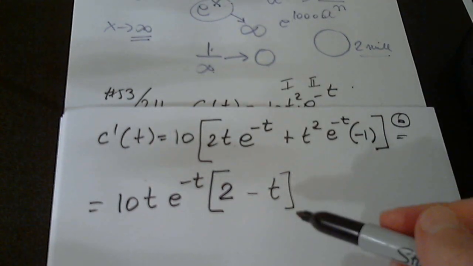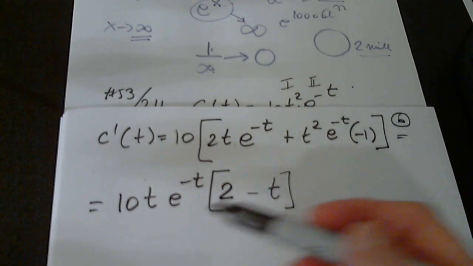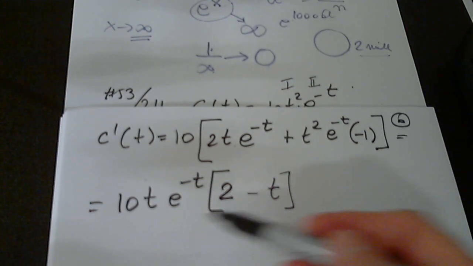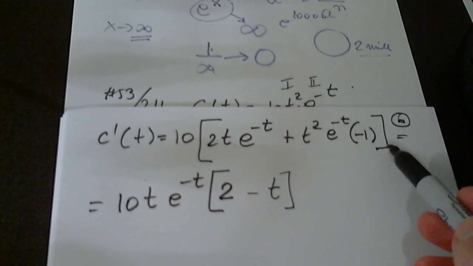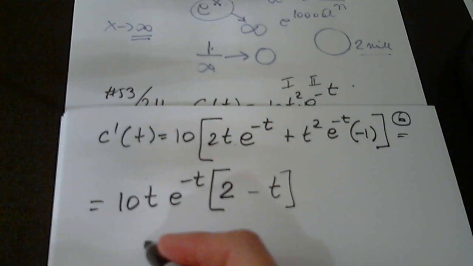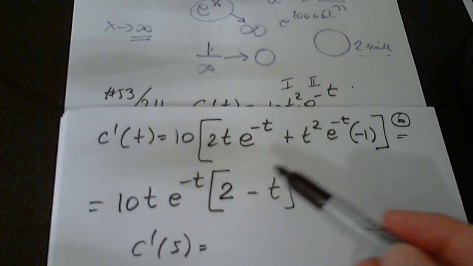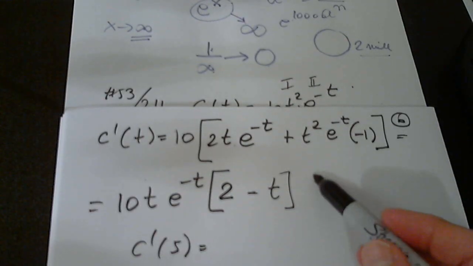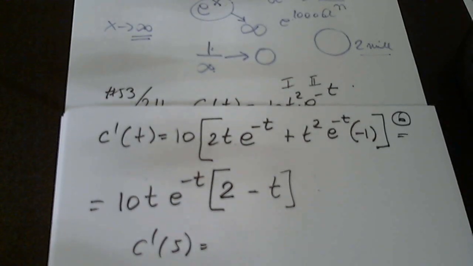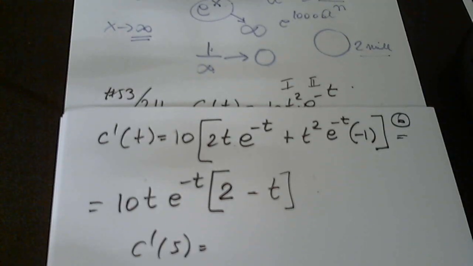The reason I did this, it's not necessary right now, but it's easier to enter this function in the graphing calculator than all this, because we have to find c prime of 5. And in chapter 3, we will need this, and you will see why when we get there. So back to the graphing calculator.